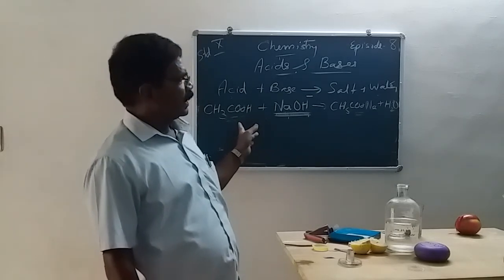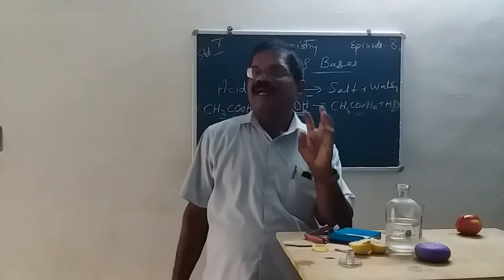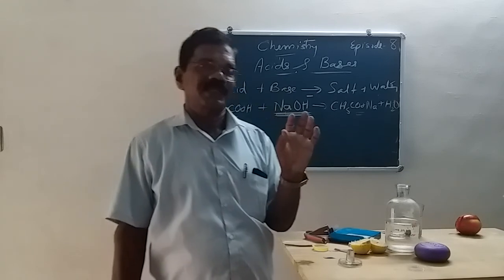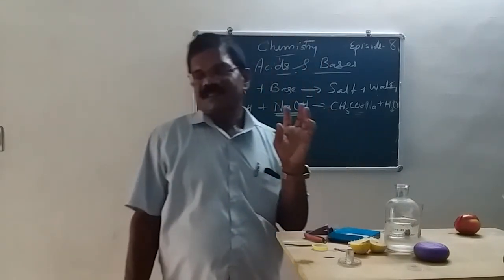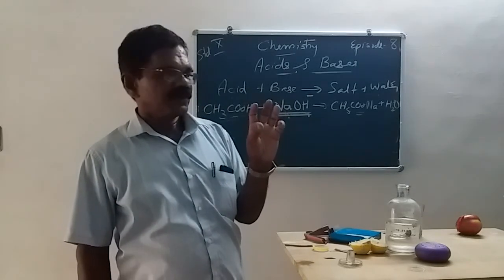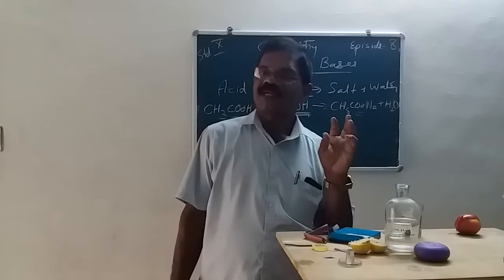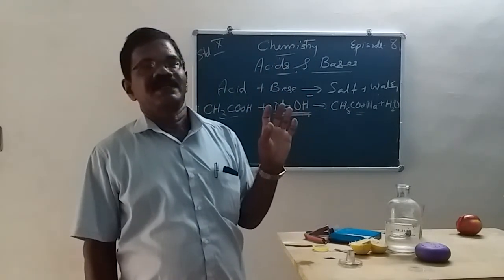So you have to read up to this portion. I think you have got a general idea about acids and bases, their common properties, and how we can test for their presence. They are always used in our kitchen, and the drinks we usually drink also contain acids.